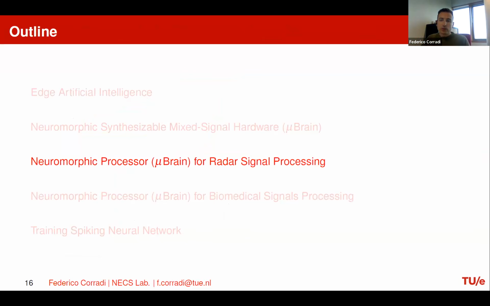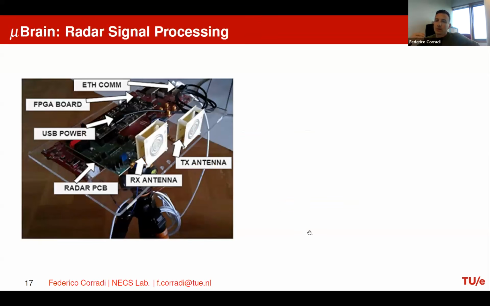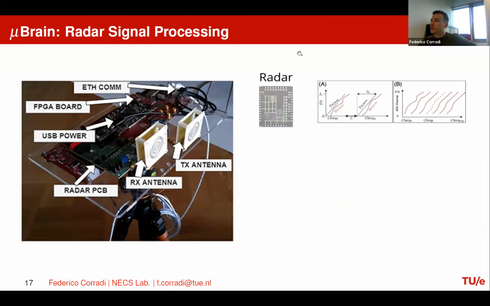And so what did we use it for? The first application, because we were looking at human gesture recognition, for example, through radar signal processing. You see the setup that we used to record a small data set, with a transmitting antenna and a receiving antenna from a radar. The radar is a small chip.